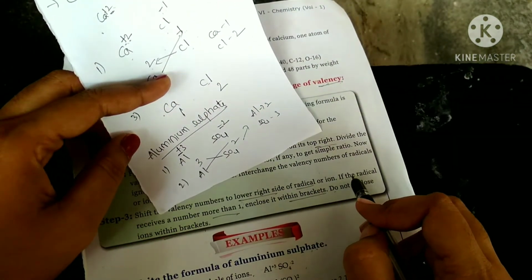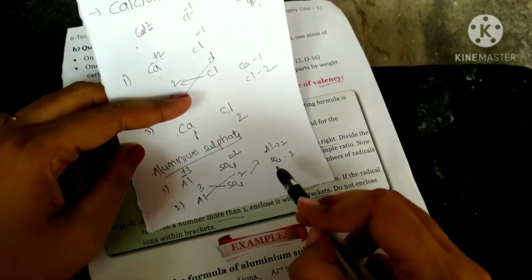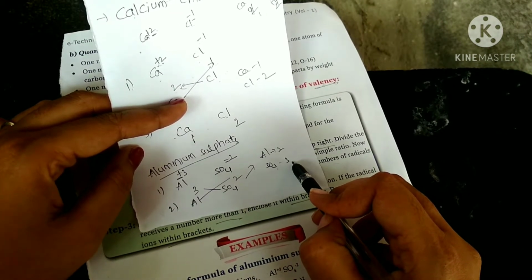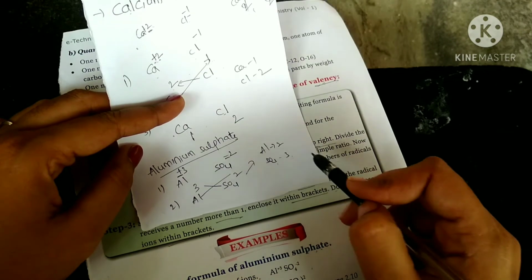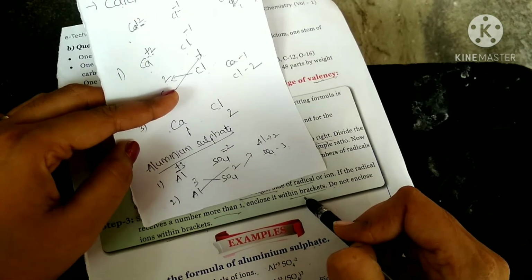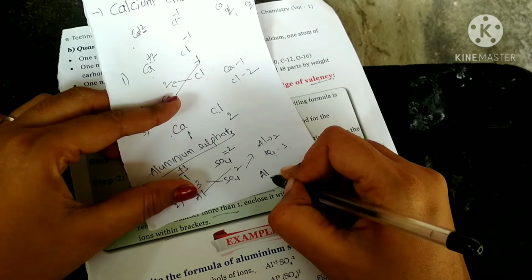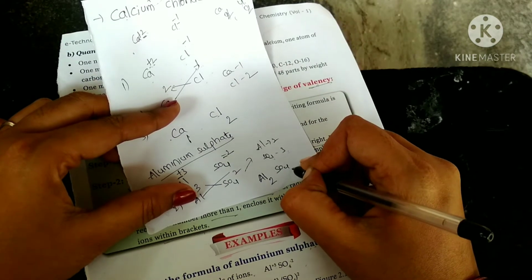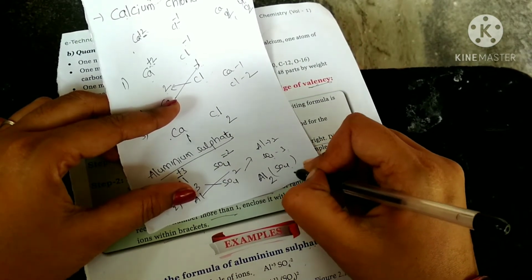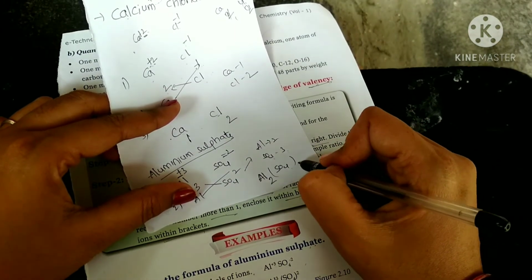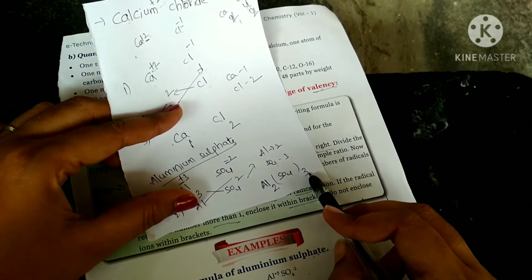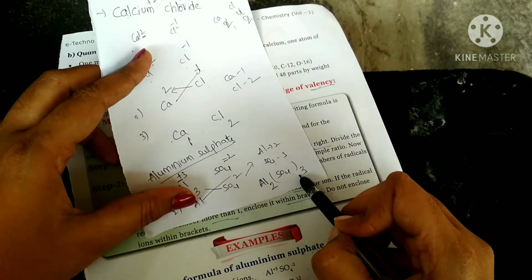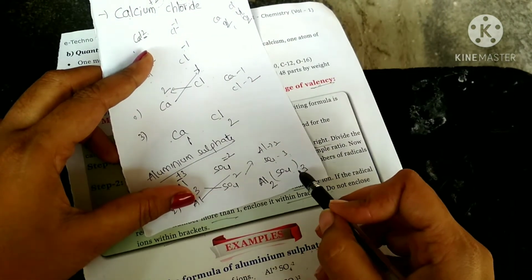If the radical receives a number more than 1, already this sulfate has one number, that is 4, and now it is receiving one more number. Then we have to enclose it within brackets. So for the formula, Al gets its valency at the bottom right, Al2, and SO4 is enclosed in brackets with the valency written downside. So the aluminium sulfate formula is Al2(SO4)3. If more than one number is there, we enclose it in brackets.